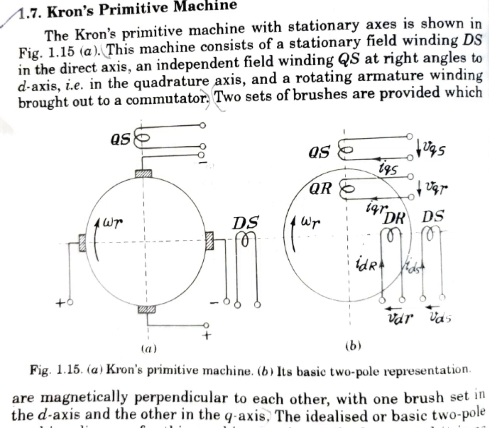The only thing is you'll need to make certain changes, like adding a couple of windings or removing a couple of windings as per the machine you have selected. Apart from that, it serves the major aspect of representing most of the machines. So that is why it is also known as the generalized machine theory.